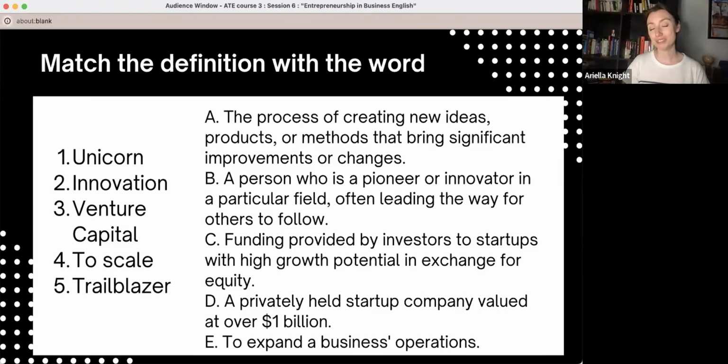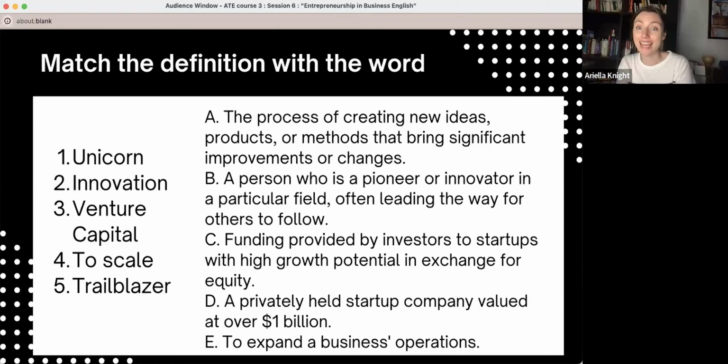So when we refer to the person, a venture capitalist, it's an investor who likes a risk. They want to invest in something risky and new. So funding provided by investors to startups with high growth potential in exchange for equity. Equity means that they own part of your company. They take 5%, 10%, 20% equity in exchange for their investment.